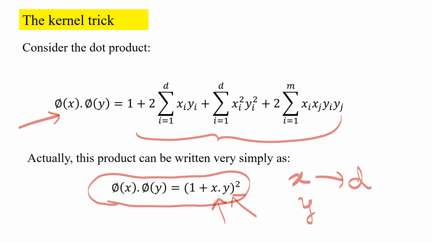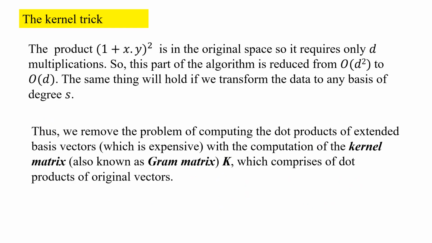Yes, of course, this y we have used here for a pair of samples. So we are finding this product in the D space, rather than in the higher transformed space.